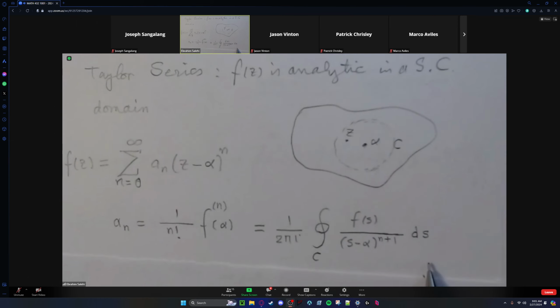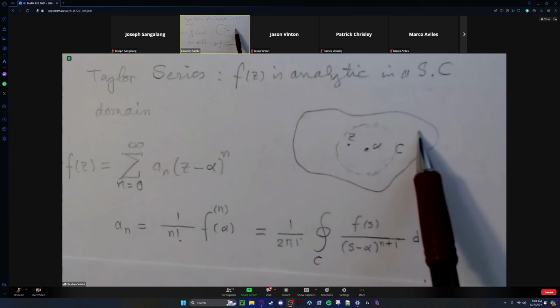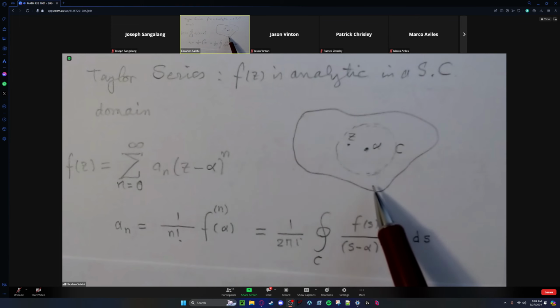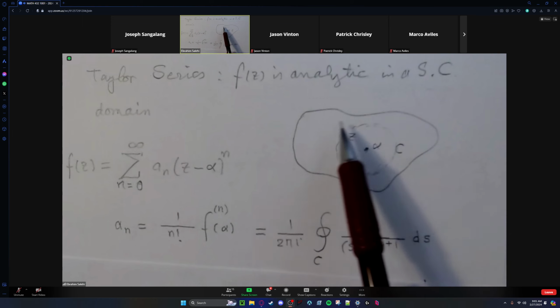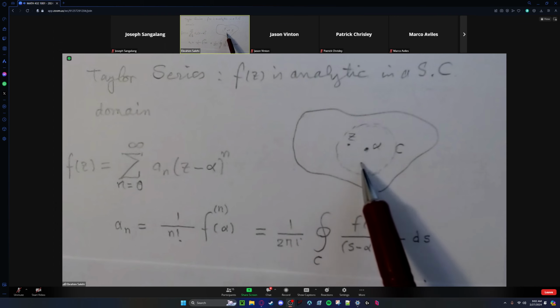So that is the Taylor series. But remember, there's a condition here. The function has to be analytic in this simply connected domain. There's no hole in here. There's no bad point here, right?